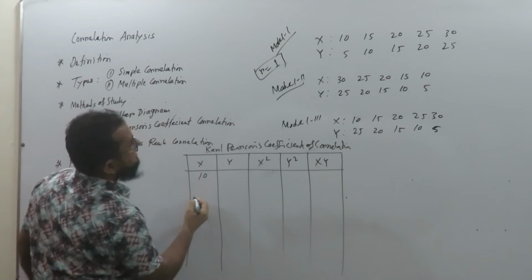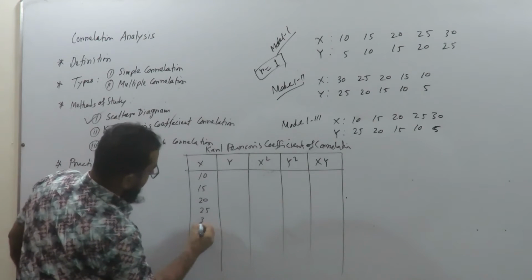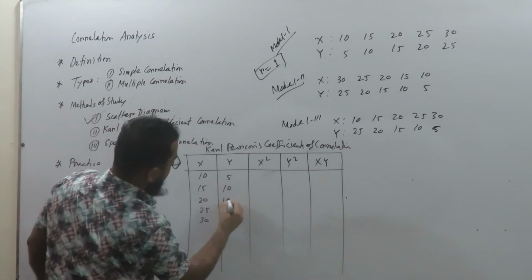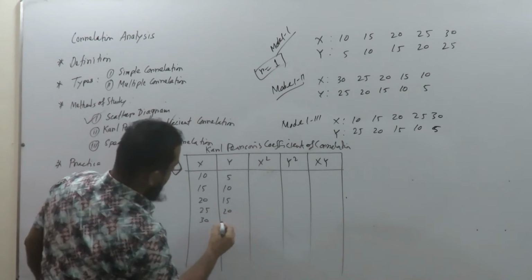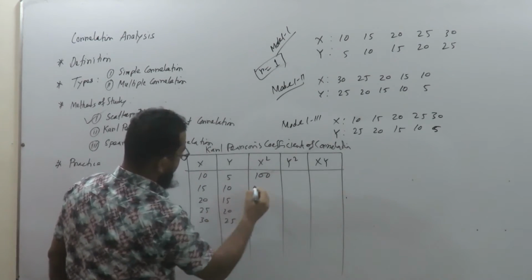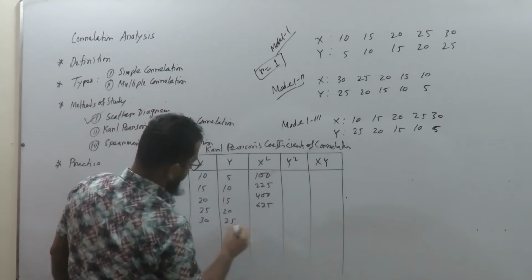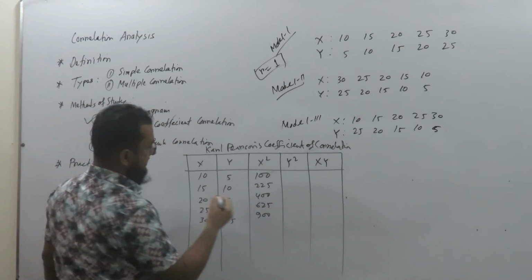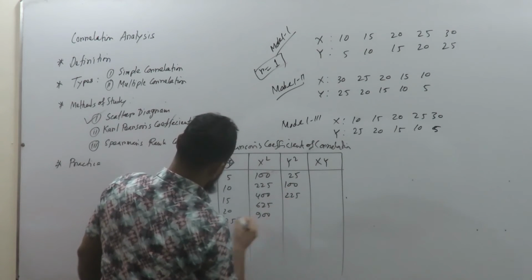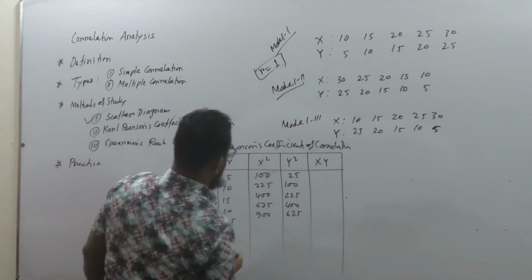Let's see, x: 10, 15, 20, 25 and 30. Y: 5, 10, 15, 20, 25. x square: 100, 225, 400, 625, 900. y square: 25, 100, 225, 400, 625.